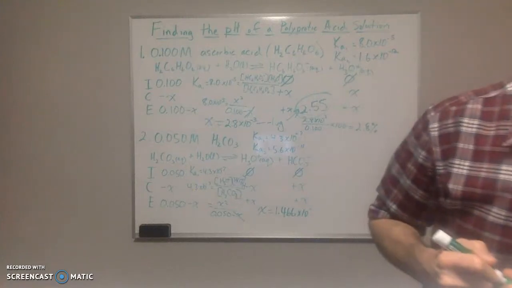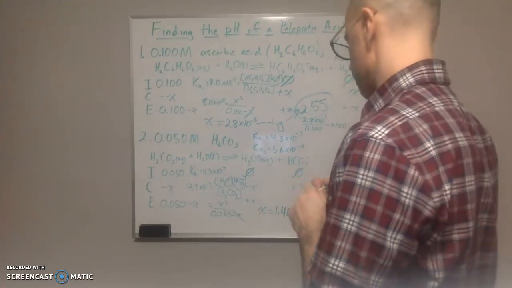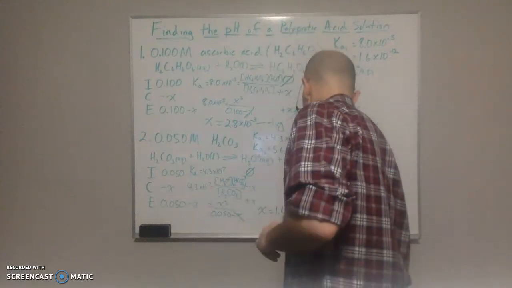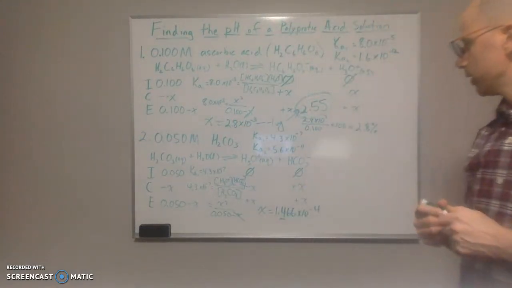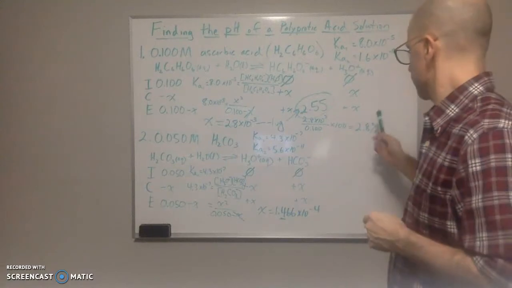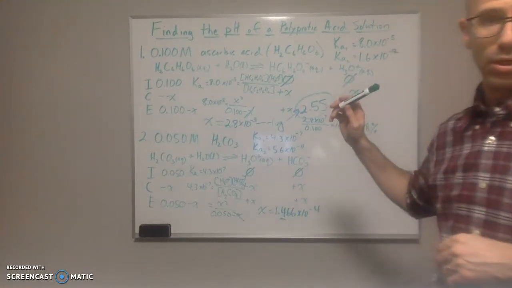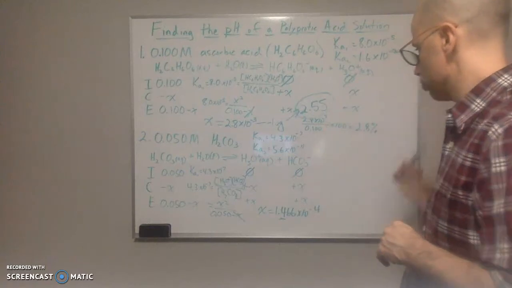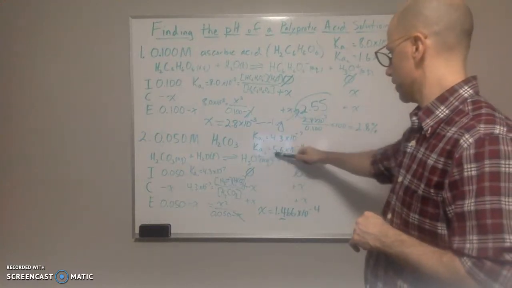And paying attention to sig figs, we have 2 sig figs here, so we should only have 2 sig figs here. And then, since the contribution of H+ concentration is negligible with respect to the second ionization of the second hydrogen, we can ignore that.